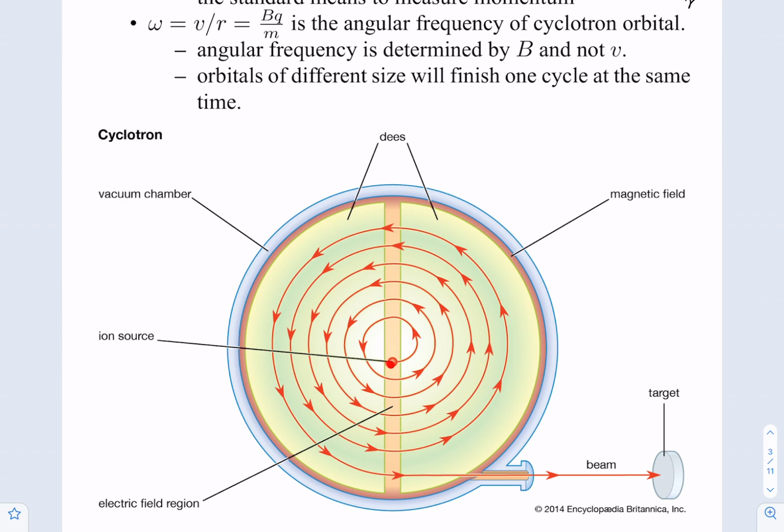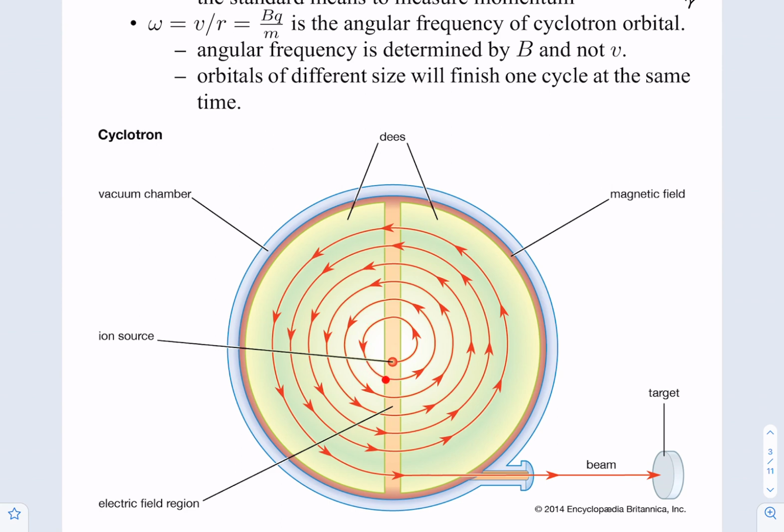In the middle, there is an electric field, and you can accelerate the particles from one end to the other end, and now it will finish one cycle here. Once it has finished the cycle, you can flip the sign of the electric field, and it will continue to be accelerated here, and because the speed increases, it will finish a larger circle.